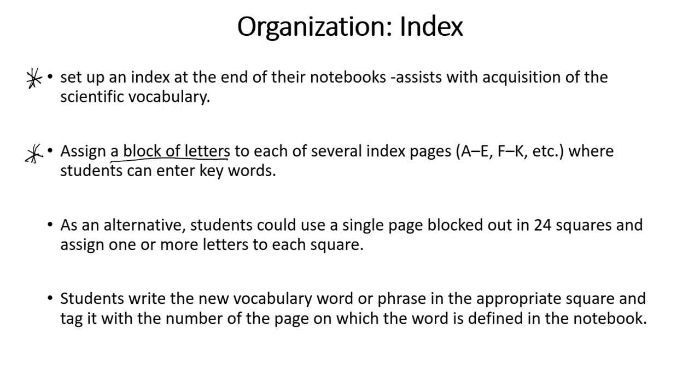So you can have liquid as your title of the index, and then put all the characteristics or the examples of liquids in your science notebook. Or you want to talk about energy, so you can put energy as a block letter, and then below energy you have terms that have to do with energy within the science notebook.